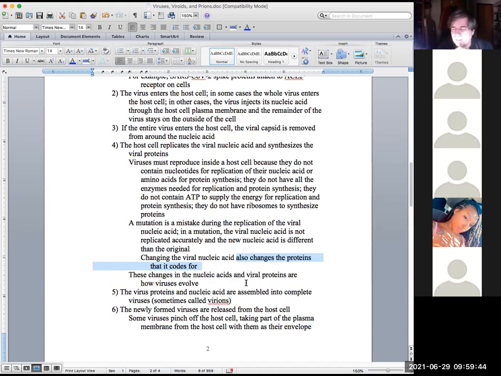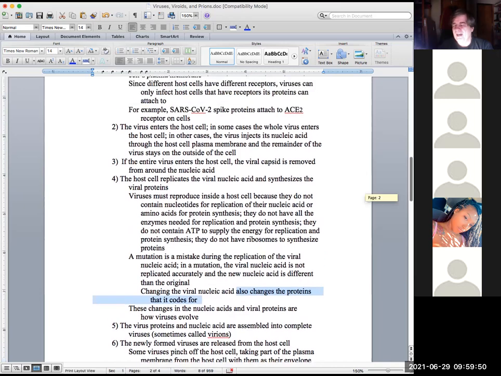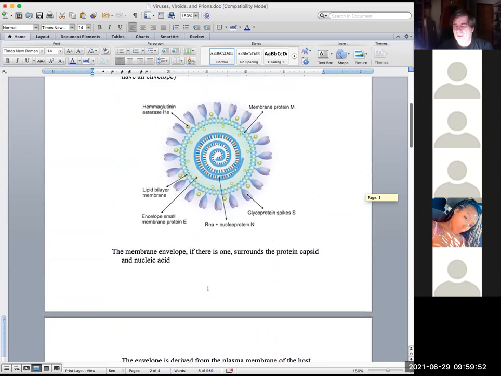But there's another problem. When we look at your immune system, the way that your immune system fights a virus or a bacteria, say we're talking about the SARS-CoV-2 virus, the way your immune system learns to fight this is by recognizing the shape of this protein.